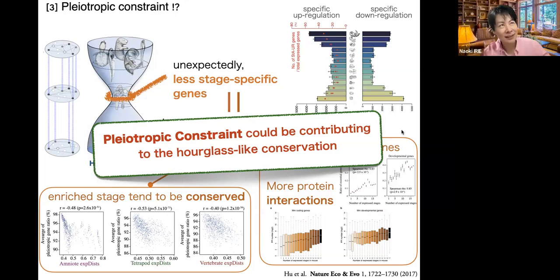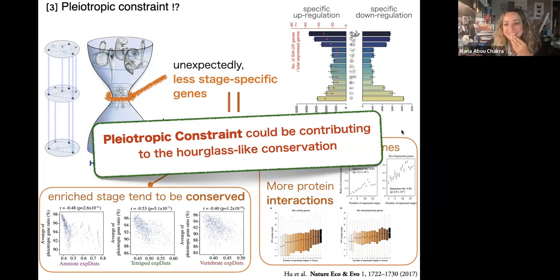So what do you mean by selected in the former? Right. We don't think about development as a constraint, but what if we have checkpoints within development, and when you get to a certain time point, there's a checkpoint, and maybe all the ones that didn't make it were weeded out. So it looks like there was this evolutionary constraint, but really they just didn't make the checkpoint. Think about the Cambrian explosion, right?